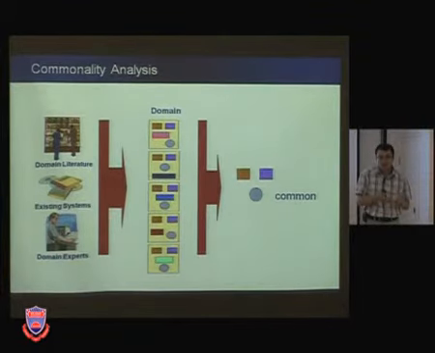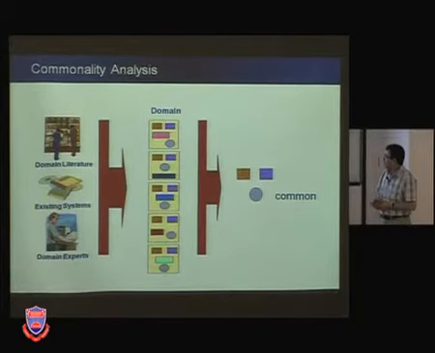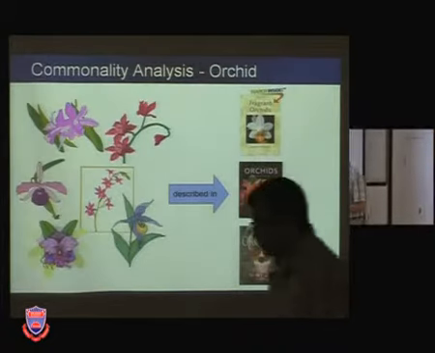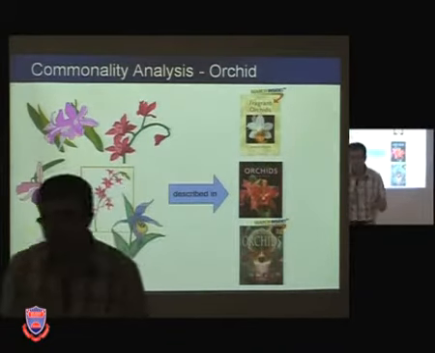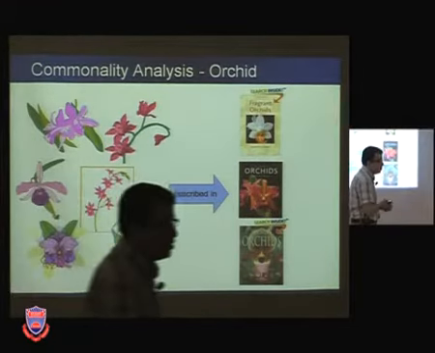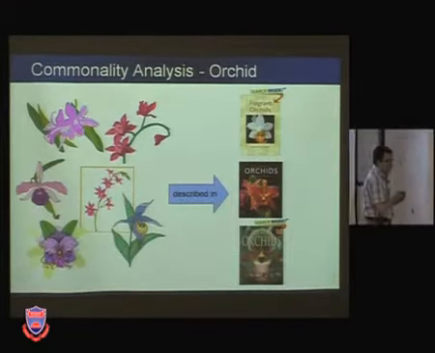So to develop a monitoring system, I need to have a concept called sensor. Okay? So you hope to identify in that way: with commonality analysis, you derive the common concepts which are important in that domain.